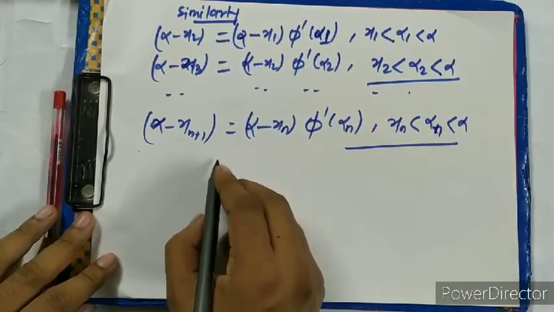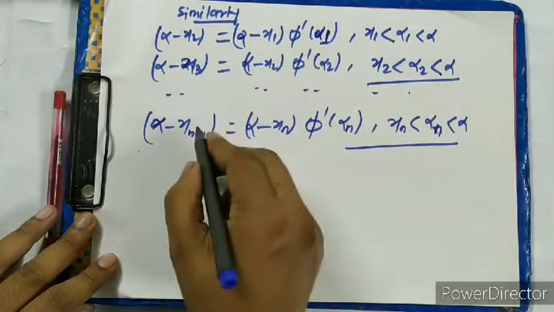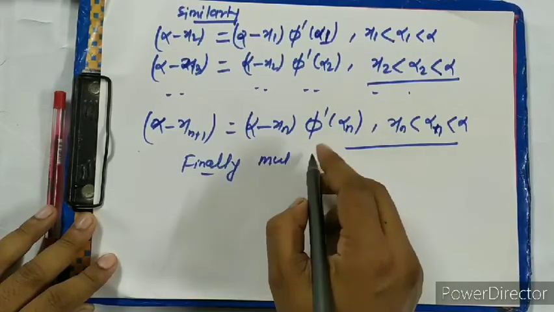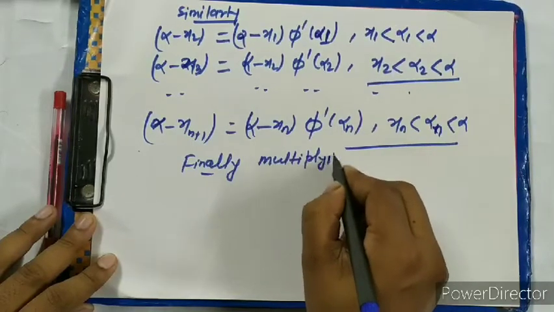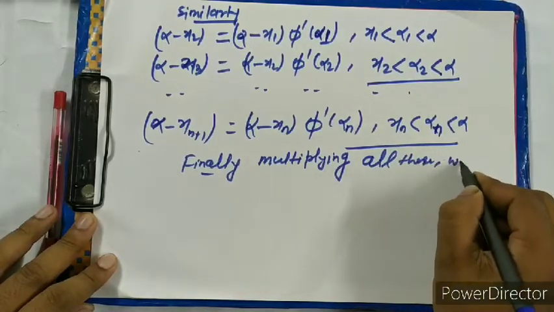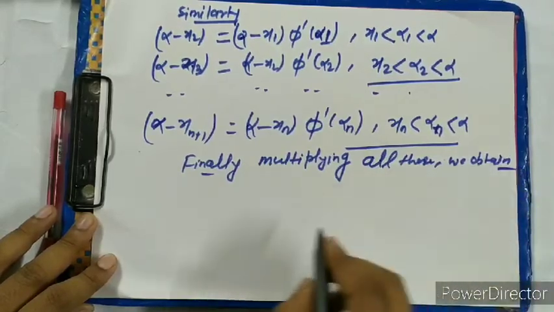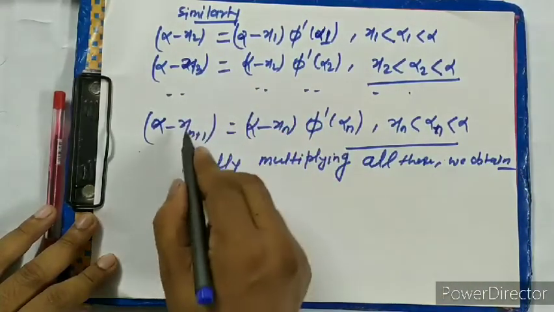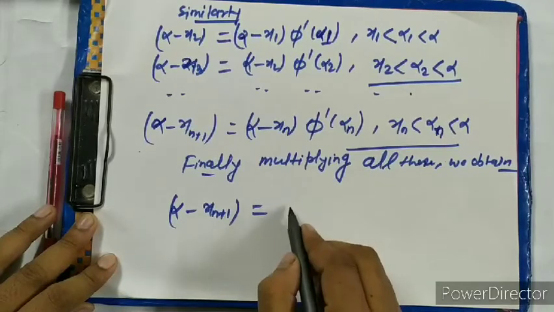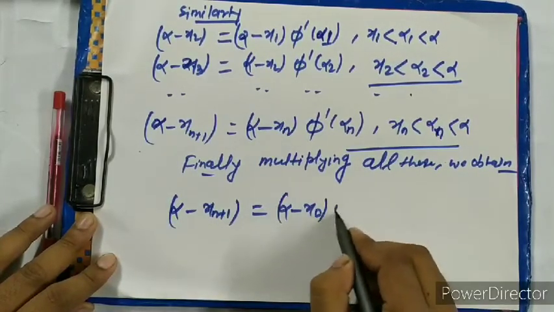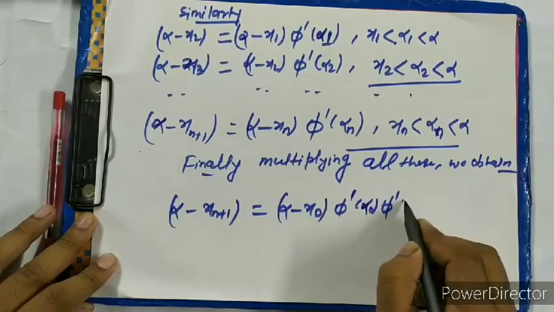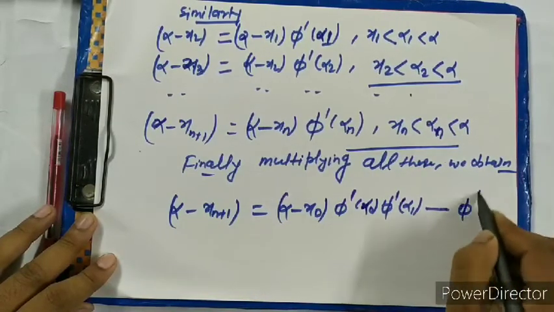Finally, multiplying all these equations, we obtain, this will cancel from this in the same manner, and last we get alpha minus xn plus 1 is equal to alpha minus x naught phi dash alpha naught, phi dash alpha 1, up to phi dash alpha n.